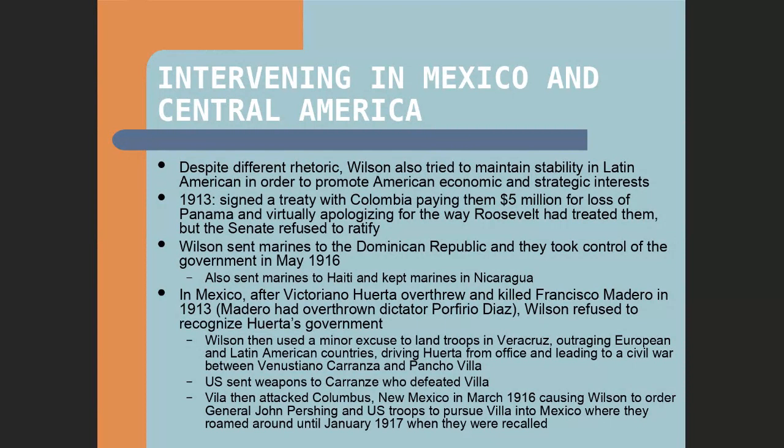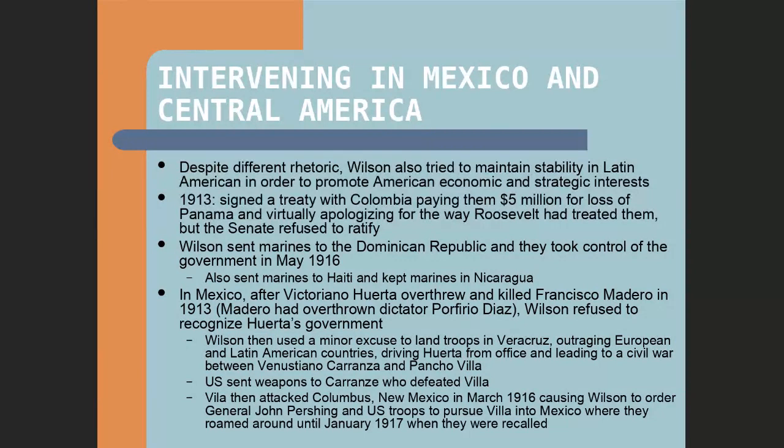Mexico, you've got Victoriano Huerta overthrowing Francisco Madero in 1913. Wilson is refusing to recognize that revolutionary government, though, right? Basically, he uses a minor excuse, sends some troops down there, and both the Europeans and Latin American countries, not just Mexico, but pretty much all the Latin American countries, see this as a violation of international law.